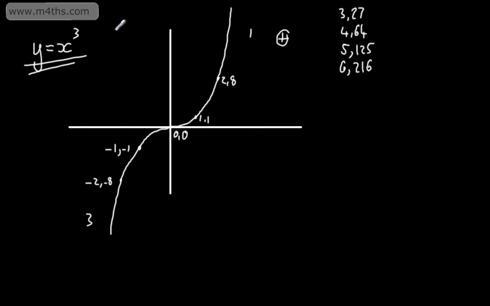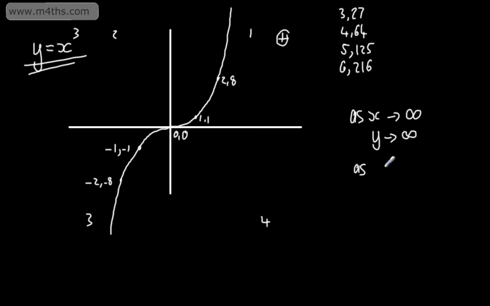So this is the first quadrant, this is the second, that's the third, and this is the fourth. Or, if you want, we can say now as x tends to positive infinity, y tends to positive infinity. So as x gets big, y gets big.